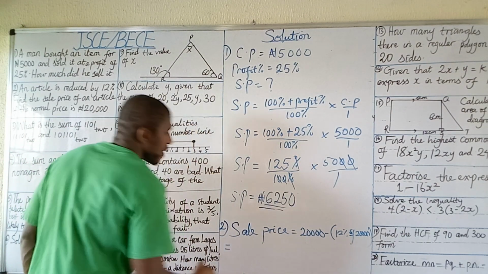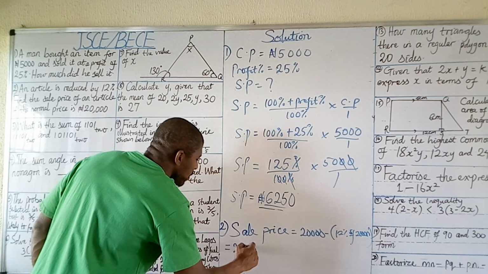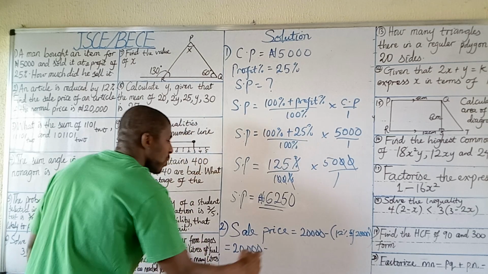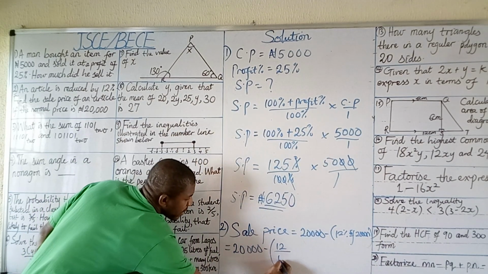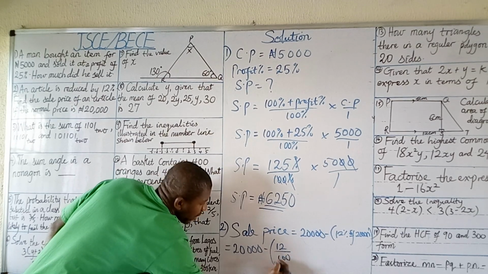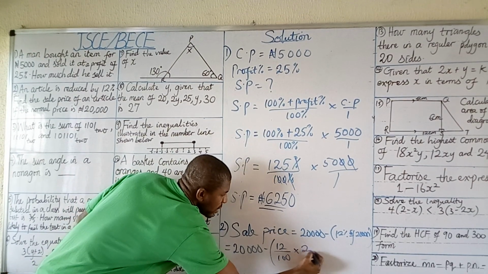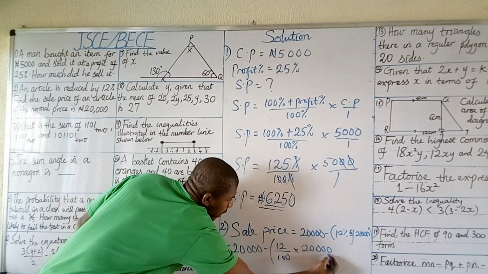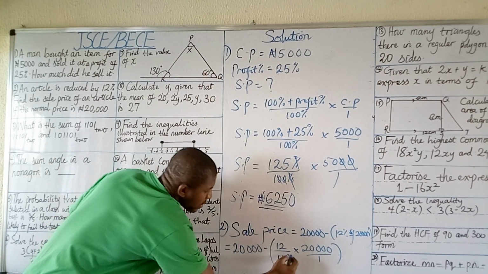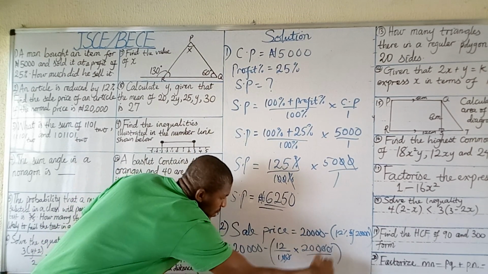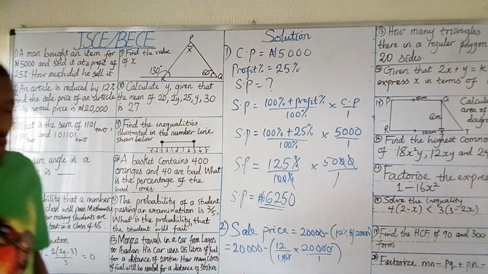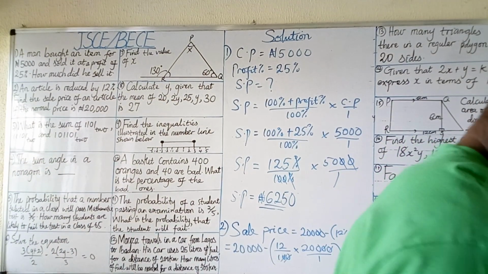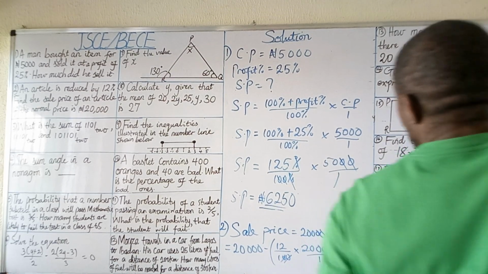So our sale price will now be 20,000 minus, bracket open, 12% is 12 all over 100 times 20,000 all over 1, all in brackets. Zeros cancel these two zeros. We now have 12 times 200.